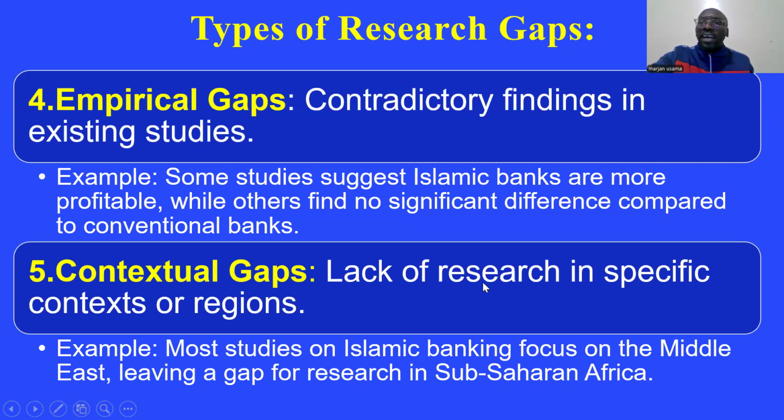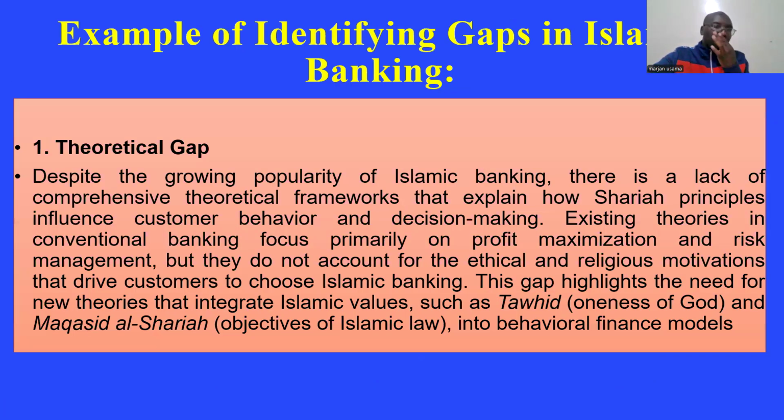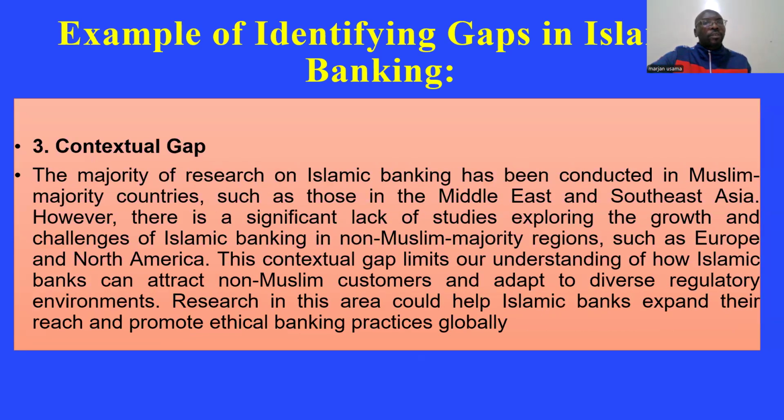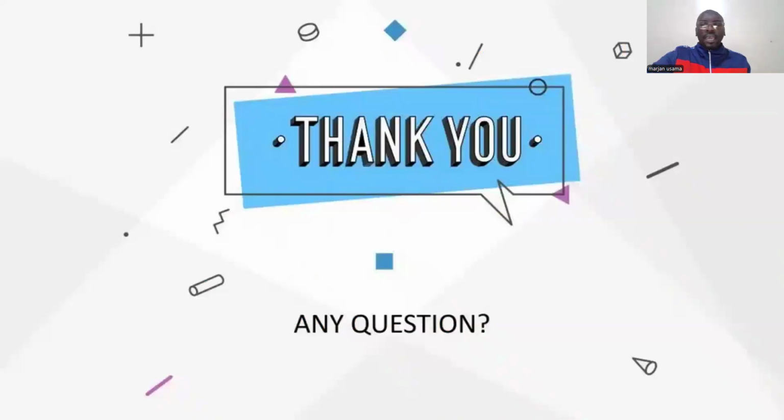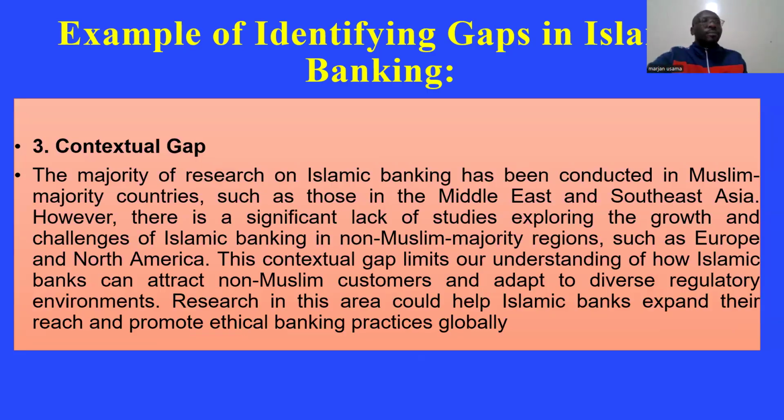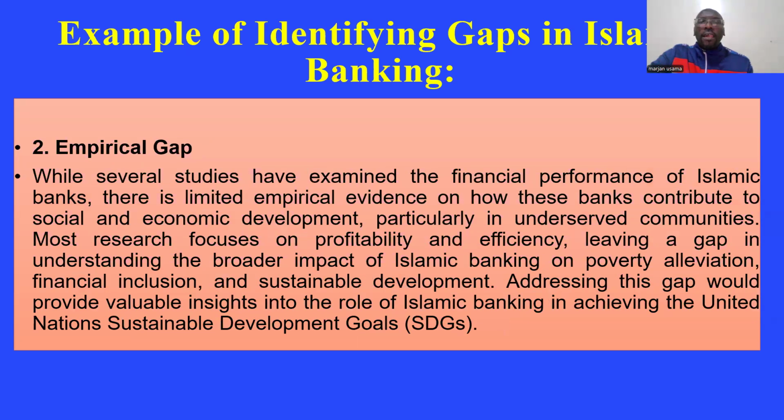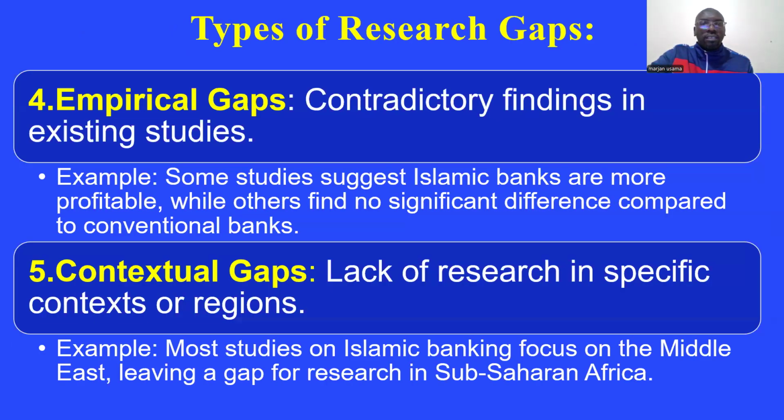Maybe not many people have done research in one region or in a country, or even on a topic, not many people have explored your topic. Now, these are examples, you will read them later, of the theoretical gap, empirical gap, and contextual gap. So these are the types of gaps that you can identify in a research.